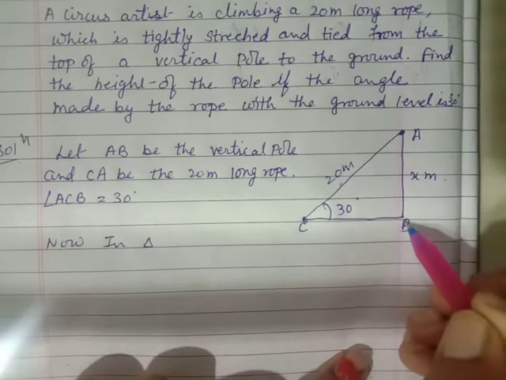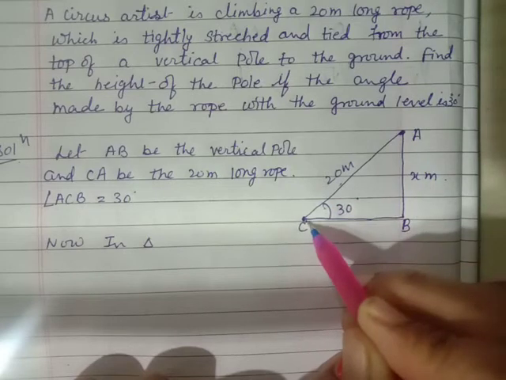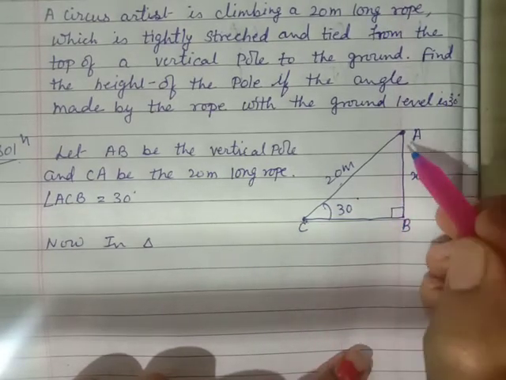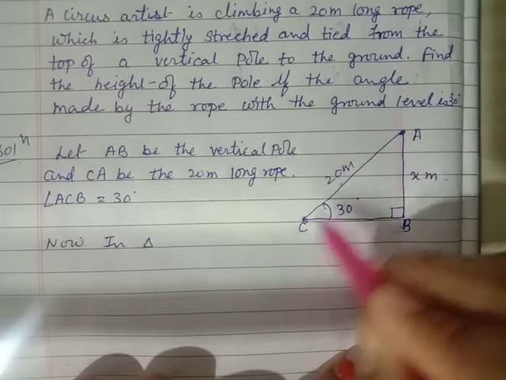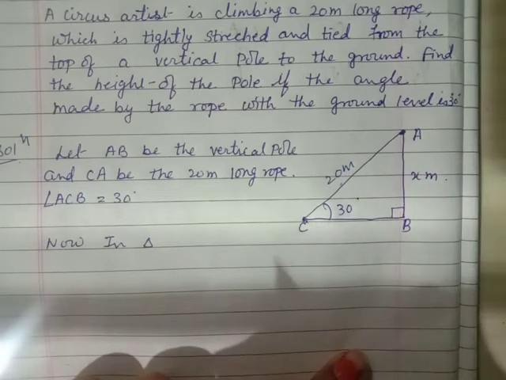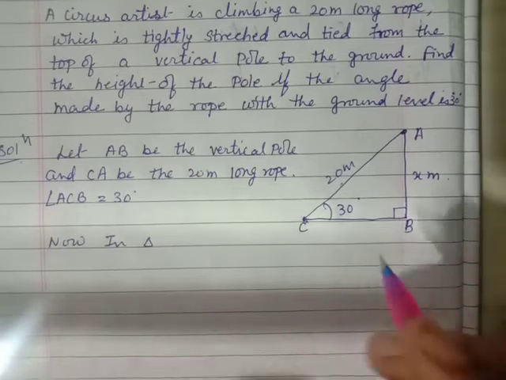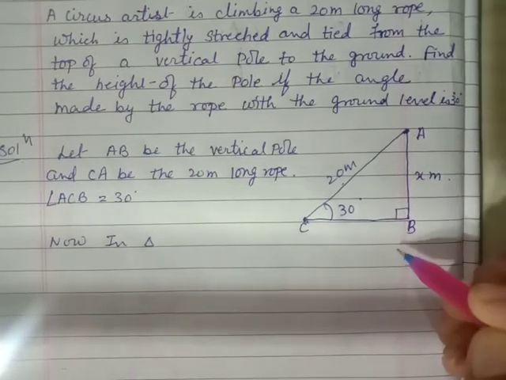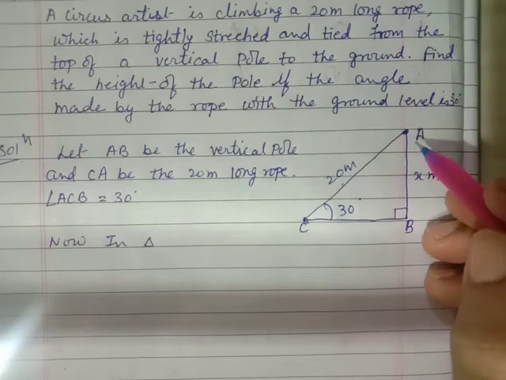This is a pole, this is a rope. Okay, so the angle made here is 90 degrees. So this triangle ABC is a right angle triangle. In this right angle triangle we have to find the height of this pole.